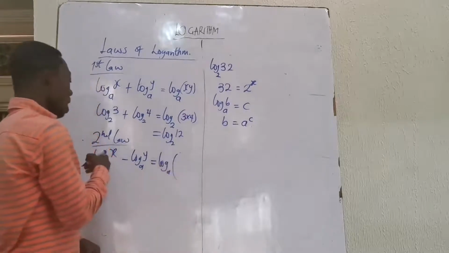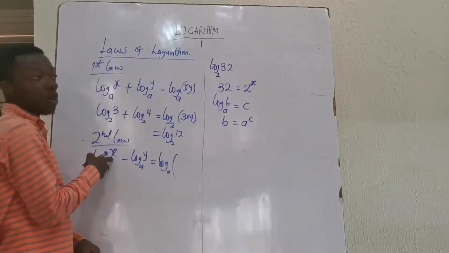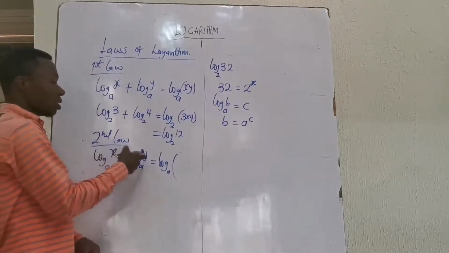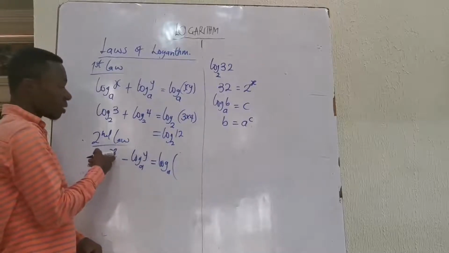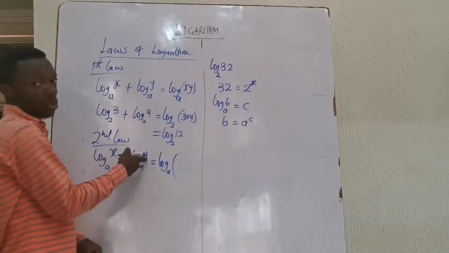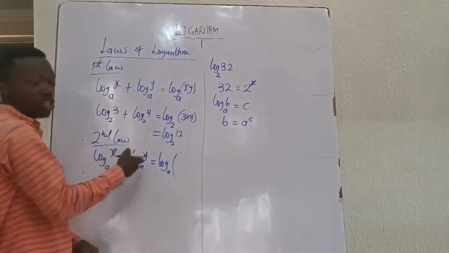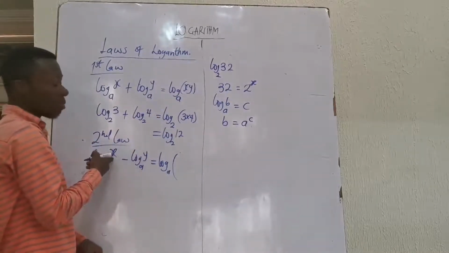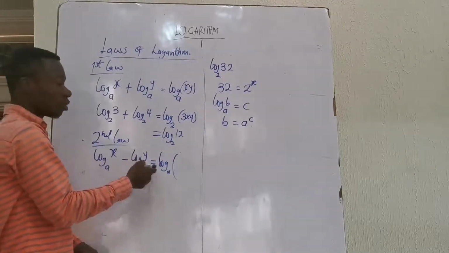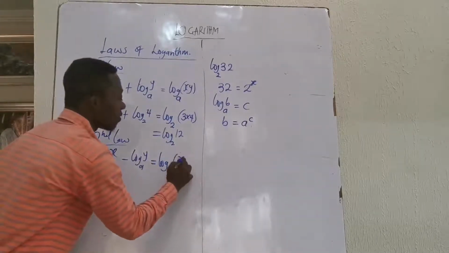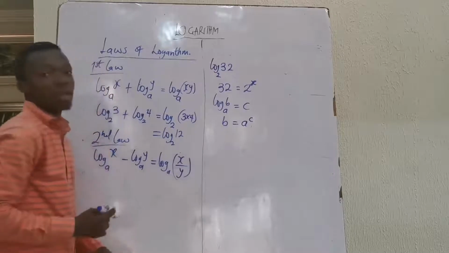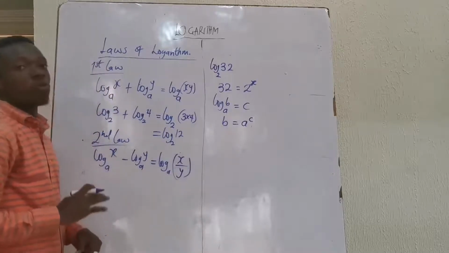And I will just divide the first log, which is the x, in terms of the number, I will divide the number x by the y. Is that okay? Because it's negative or subtraction, we will divide the first number by the second number. So it's going to be x divided by y. So that is the second law of logarithm.